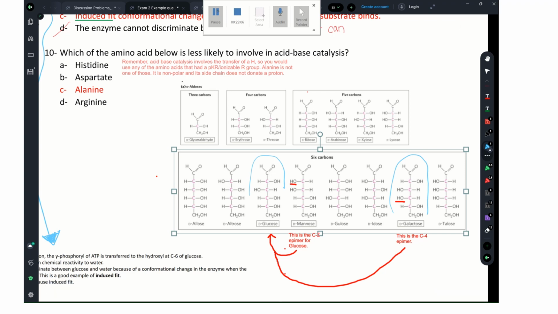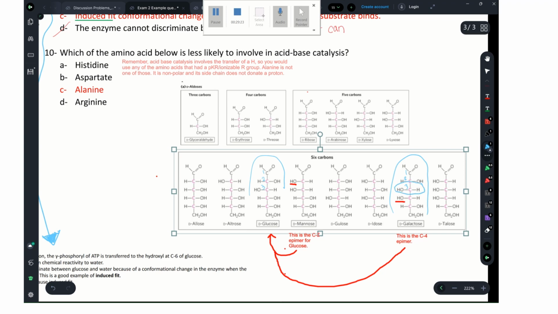And we can see that carbon 1 is the same, carbon 2 is the same. The hydroxyl group is on the right for both of them. Carbon 3 is different.